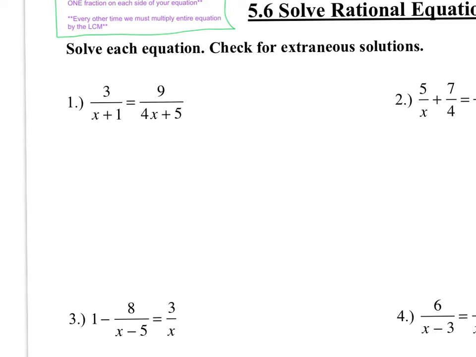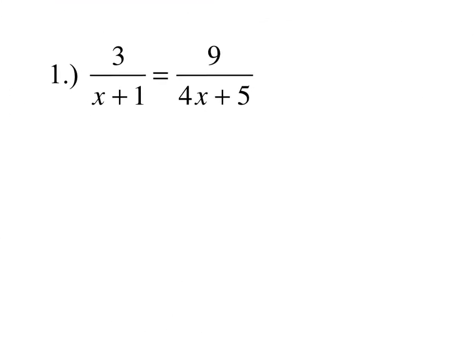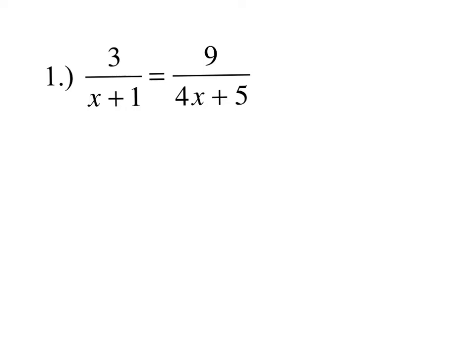So, since it has just a single fraction on each side, we can go ahead and cross multiply here. So we can say x plus 1 times 9 and 3 times 4x plus 5 equal each other. It's like a ratio.